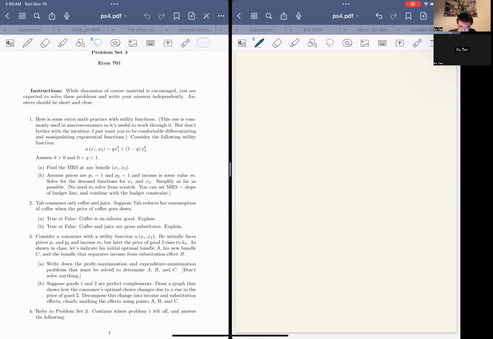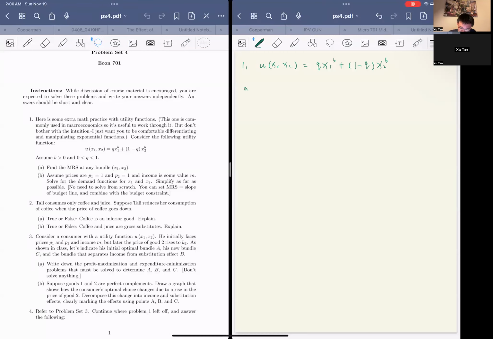So, question 1. Let's do the basic setup. U of x1, x2 equals q x1 to the b plus (1 minus q) x2 to the b.